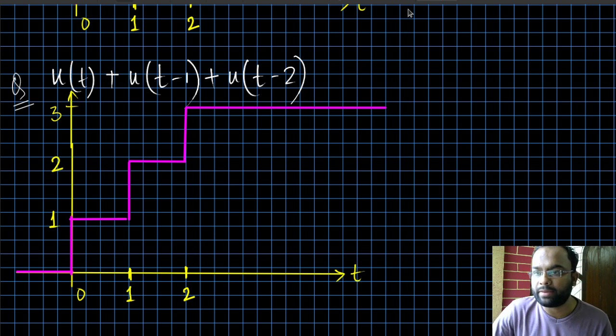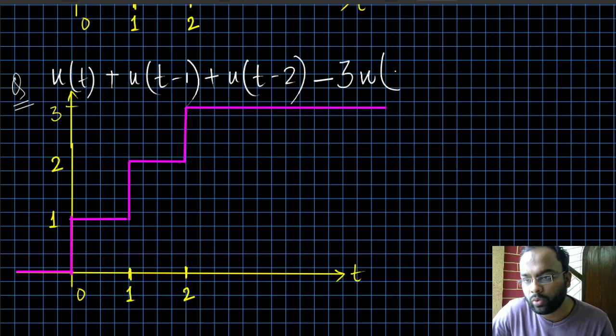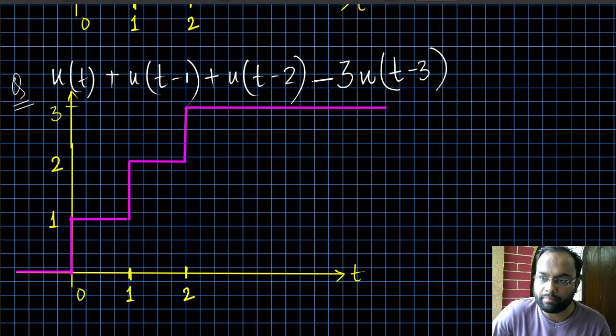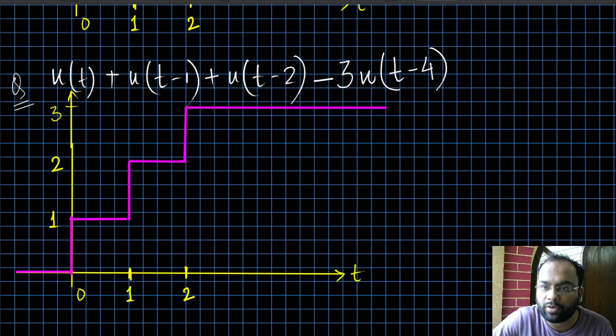Let's add yet another part, but this time a negative part. So now we have 3u(t-3) subtracted from this. We have minus 3u(t-4), subtracted from this. So do let me know what happens here. What do you think happens here?